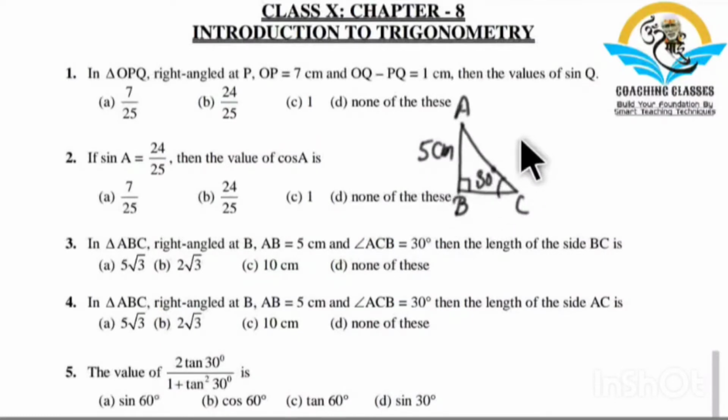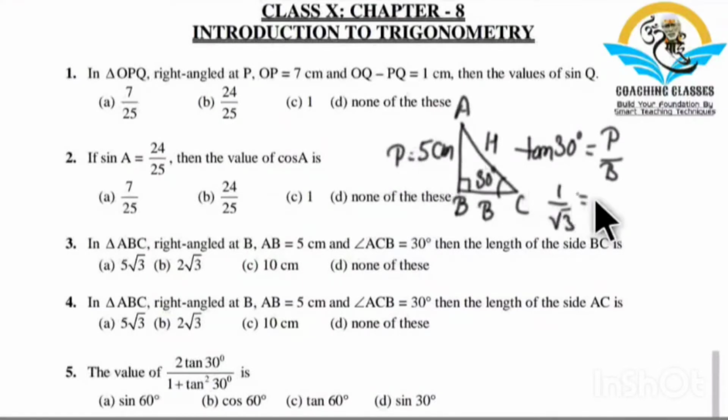You know that tan theta, that is tan 30 equal to P by B. Tan 30 is 1 by root 3. This is the hypotenuse, this is base and this is perpendicular, as we already discussed what is hypotenuse, base and perpendicular.